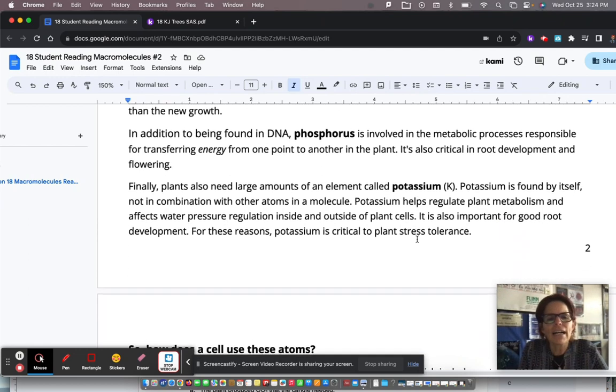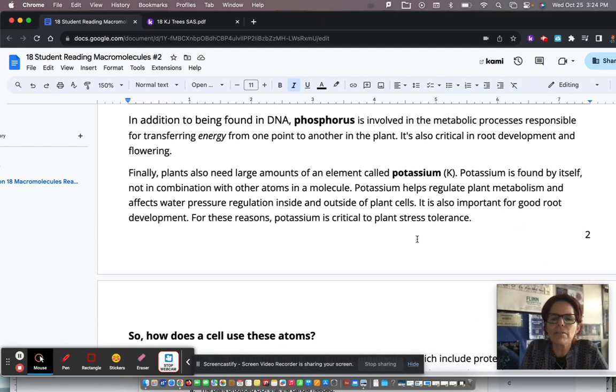Okay. Finally, plants also need large amounts of an element called potassium, which on the periodic table that's behind me right here, it's abbreviated with a K. Don't ask. That's because the P is for phosphorus, so potassium is a K. Potassium is found by itself, not in combination with other atoms in a molecule. Potassium helps regulate plant metabolism and affects water pressure regulation.